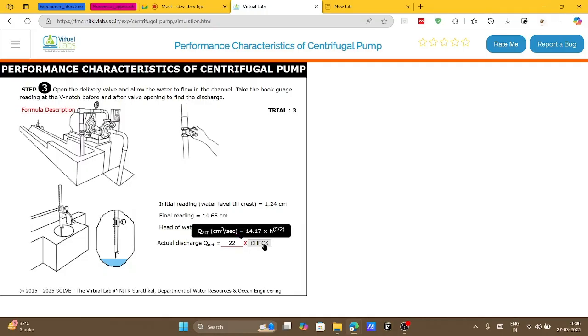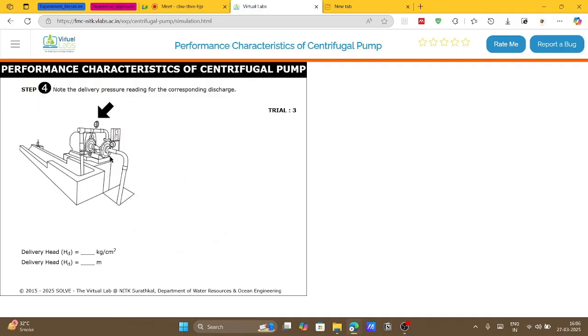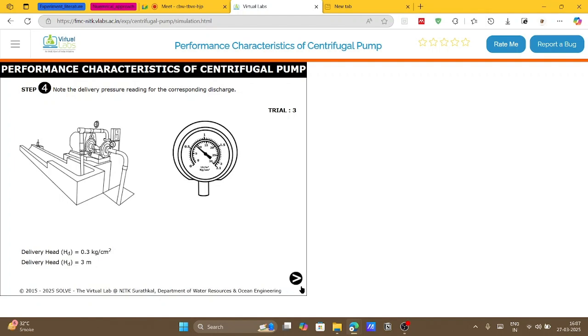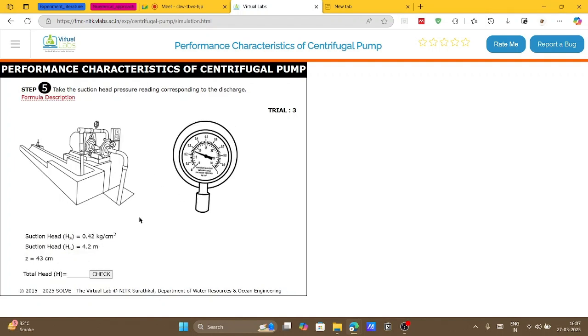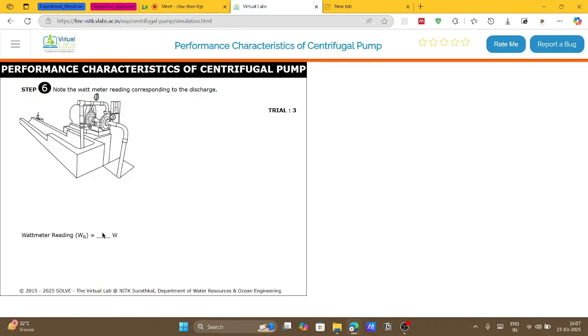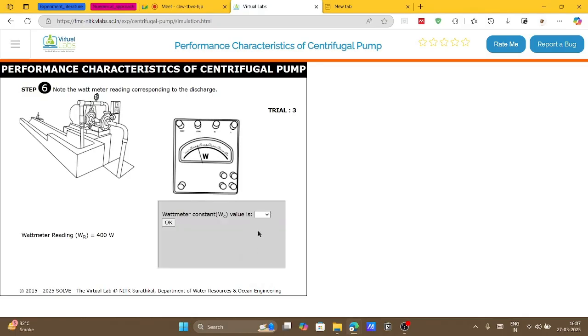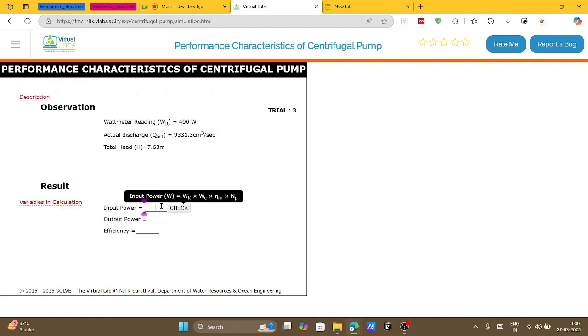Putting arbitrary value. Wattmeter constant, I think it was 2 watt. Yeah. So you got the result here.